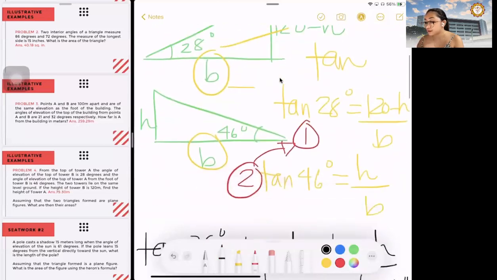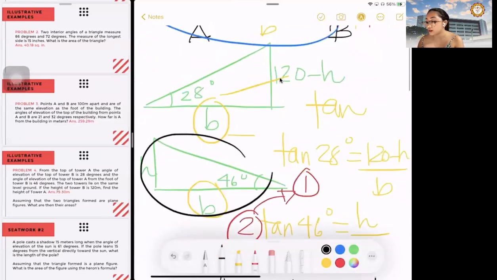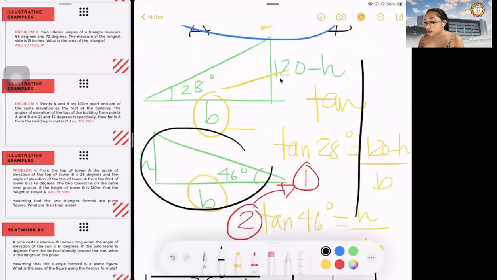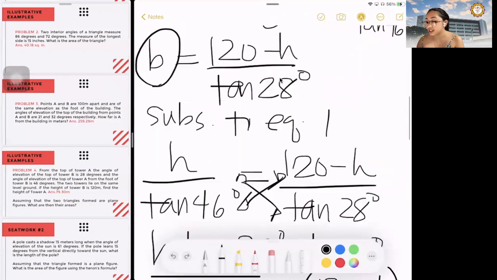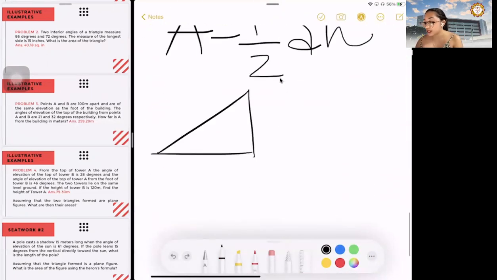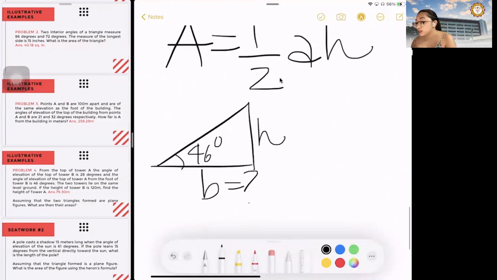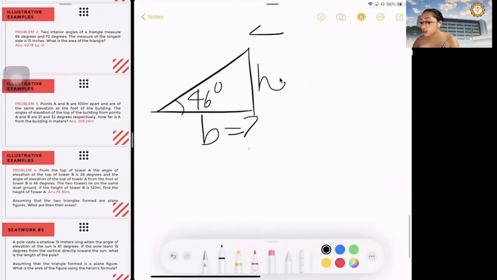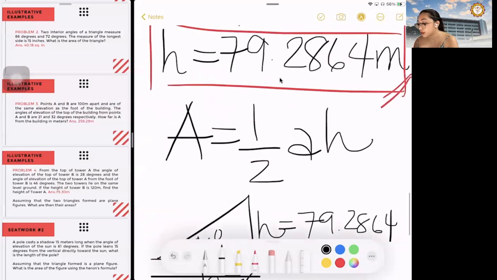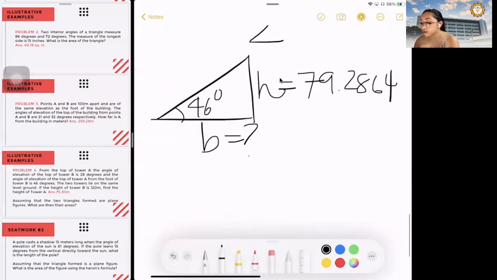Let's just use this triangle because we don't need to solve for the other one. Base is missing, so height is 79.2864. Correct? Okay.